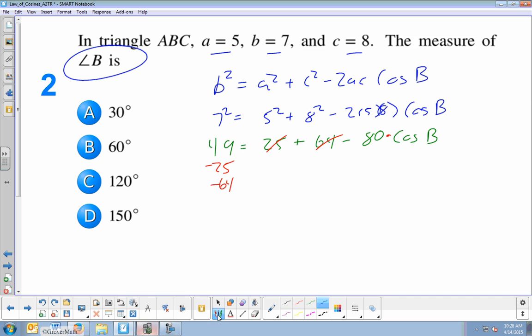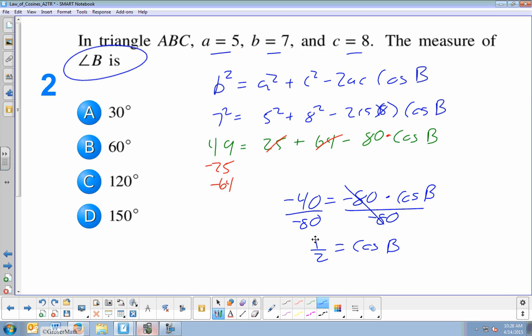So we're looking at negative 40 equals negative 80 cosine B. And since this is attached to multiplication, I have to divide by negative 80 to move it to the other side. Negative 40 over negative 80 is positive 1/2 equals cosine B.